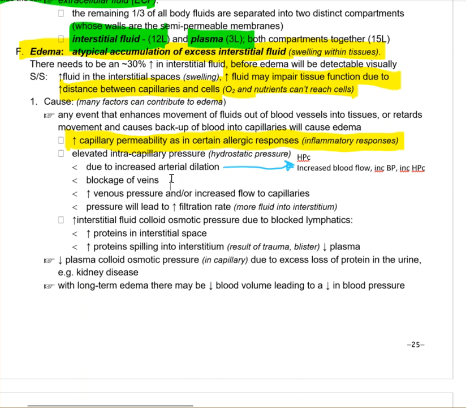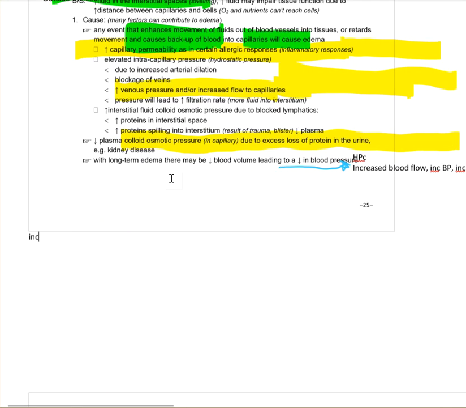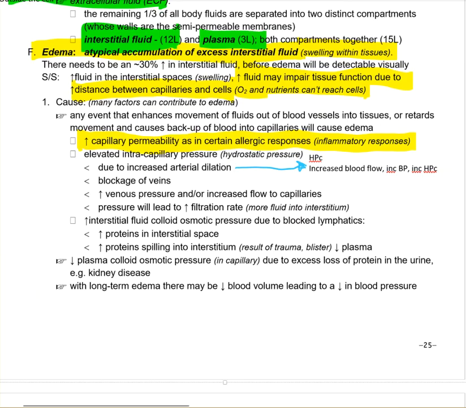So if we block veins, we will have increased blood pressure at the capillary, right? Because we're going to have congestion, and that is going to then increase HPc. So either one of those things will cause HPc to go up.